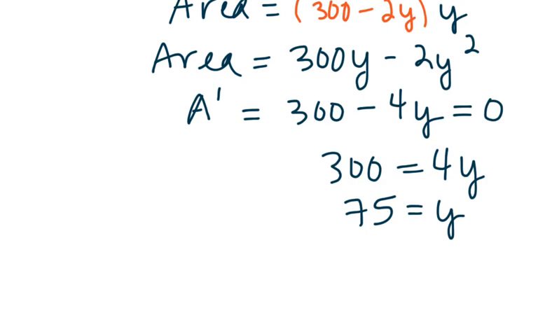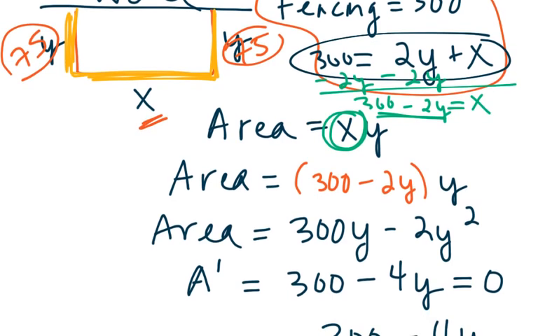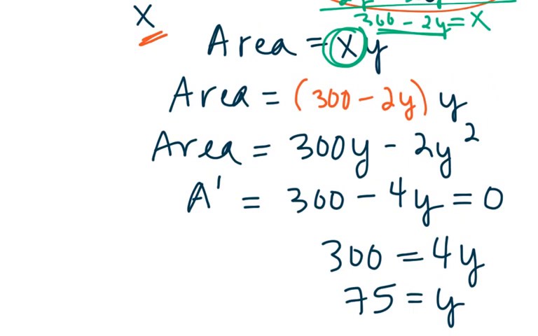Alright, great. Remember, we're looking for the dimensions. If we look back at our picture, what we found is the width. So we know now that this is 75, and so is this side over here. We need to find our x. We know that x is equal to 300 minus 2y, so let's use that.